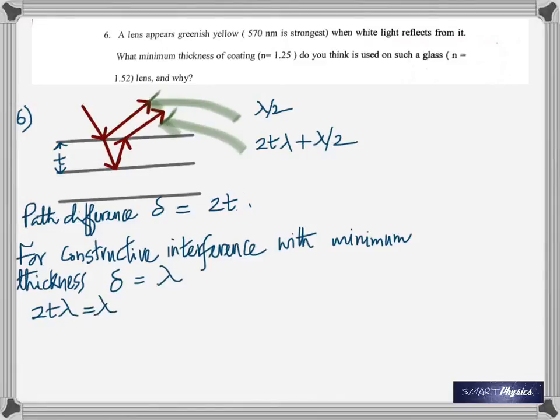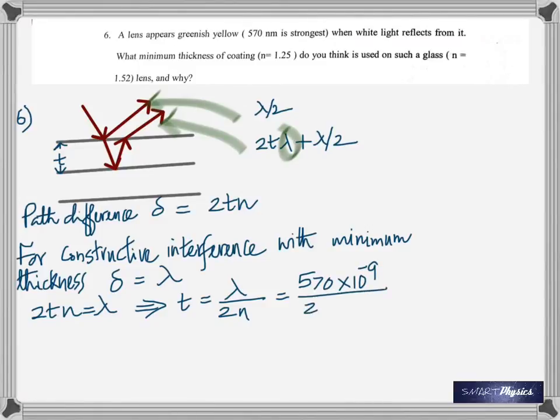Because m is 1. Remember, the condition for maxima is m lambda. I'm just taking m as 1. Okay, now I've corrected it. Therefore, now rearrange and make t the subject. You get lambda by 2n. Lambda is given as 570 times 10 to the negative 9 because it's in nanometers.